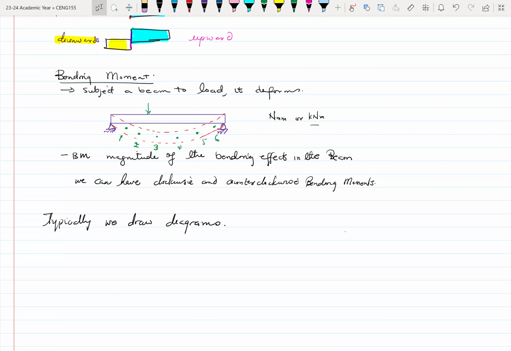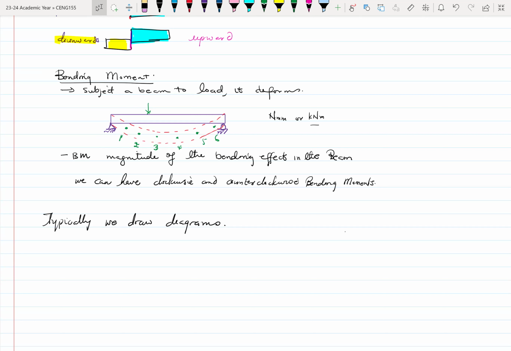That is impractical, nearly impossible to do. So why don't we find the shear force at critical points along the beam, and then draw a diagram, and that diagram will show the shear force on the entire beam. Then we'll know where the highest shear force would be, which is where we are likely to see failure, if there's going to be any, and then how to prevent that from happening.